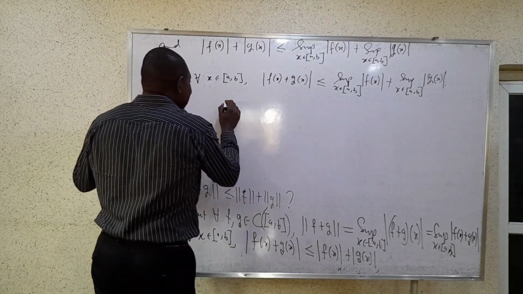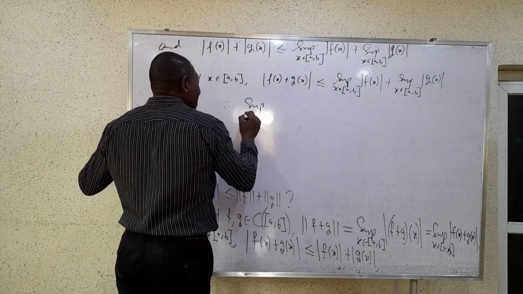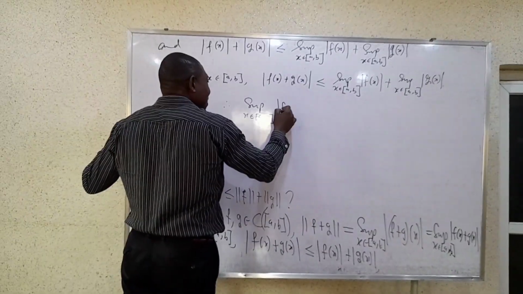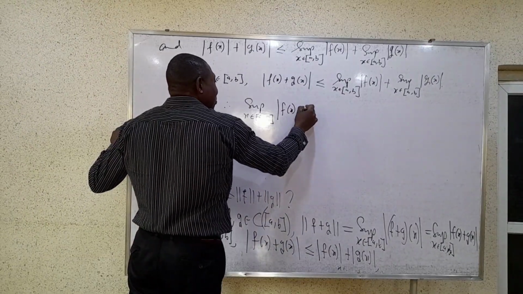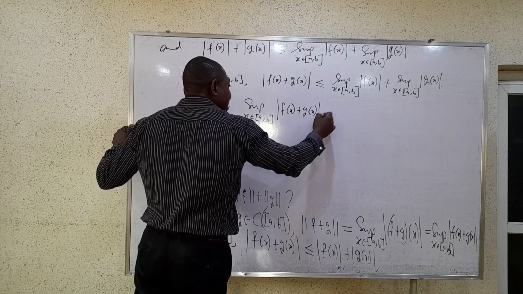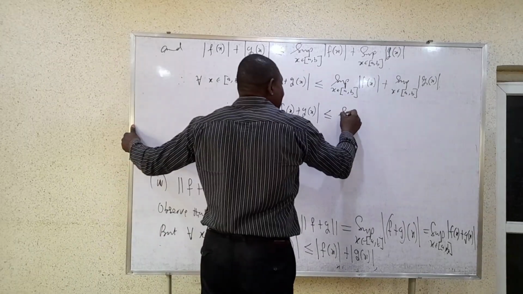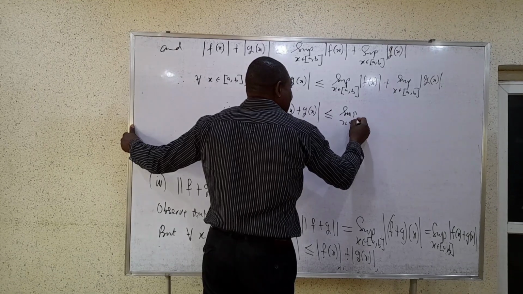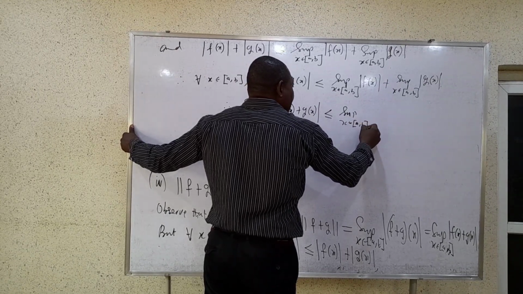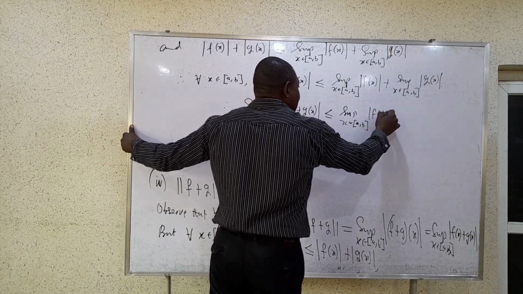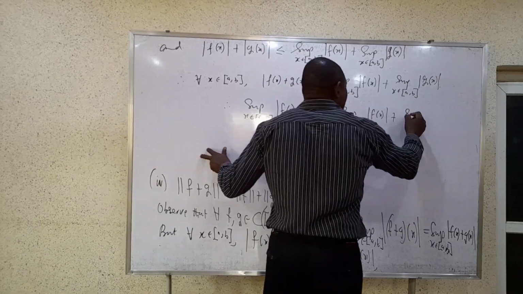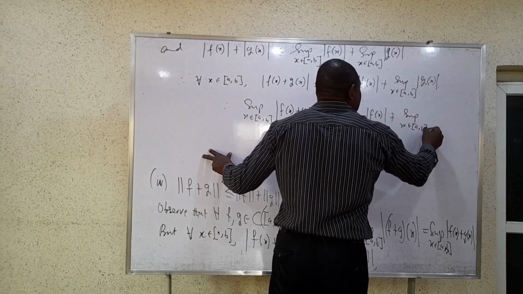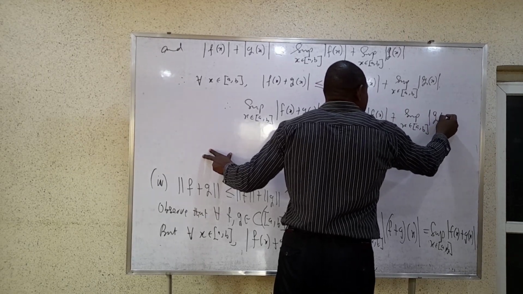Therefore, the supremum over x in [a,b] of the absolute value of f(x) plus g(x) must be less than or equal to the supremum over x in [a,b] of the absolute value of f(x) plus the supremum over x in [a,b] of the absolute value of g(x).